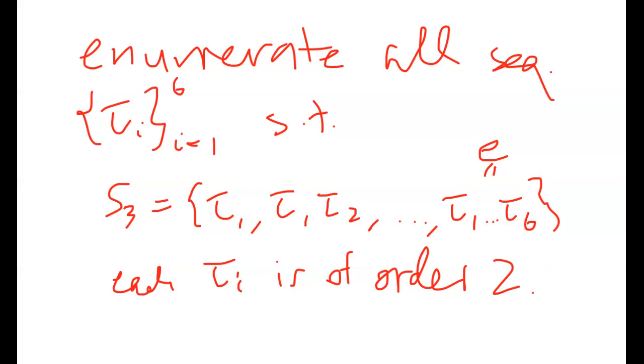So we can approach this in the following way, which I think is quite nice. We can draw the elements of S3 as vertices of a graph. So let's write the elements as so.